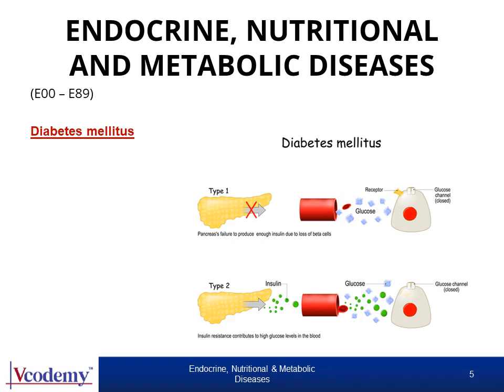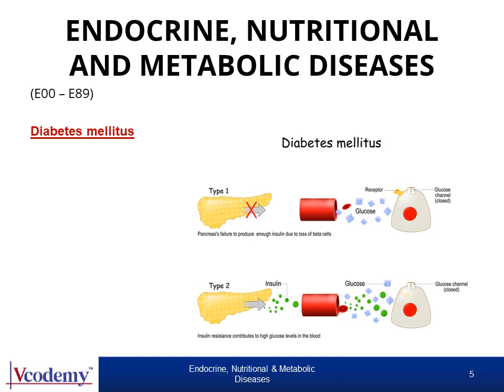So diabetes mellitus codes are combination codes that include the type of diabetes mellitus. So it can be type 1 diabetes mellitus or type 2 DM, secondary diabetes.